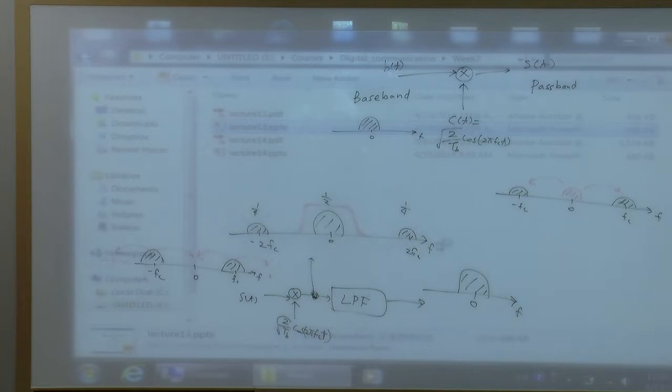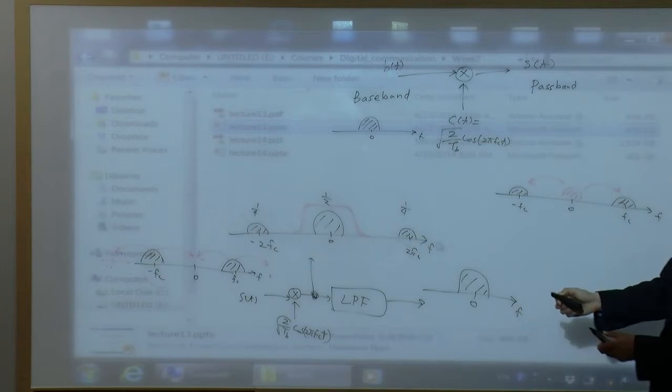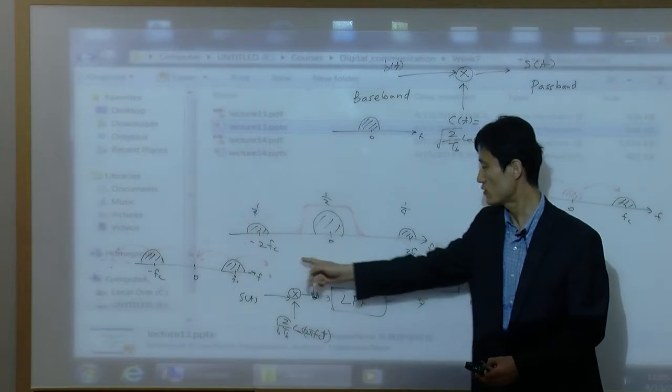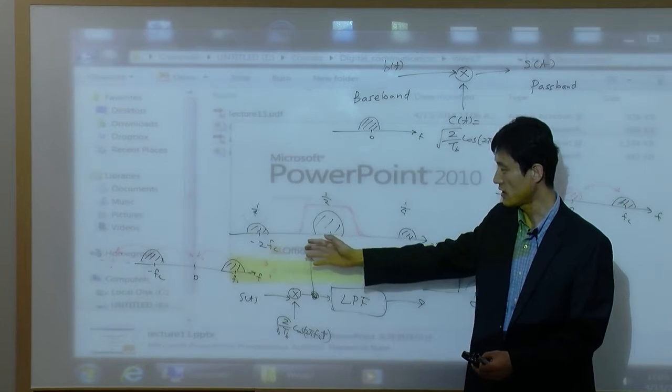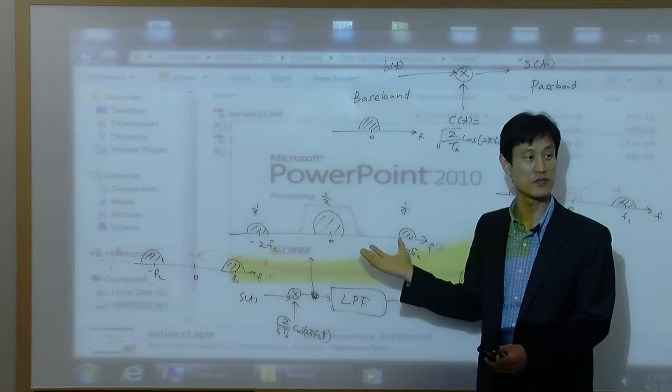When you have a cosine square, you see the DC term, you see the 2Fc term, right? Remember? Every time you have cosine square x, it's going to be half of 1 plus cosine 2x. This is why you have a cosine 2x, and you have a DC component. Okay? This is actually cosine square in the frequency domain.